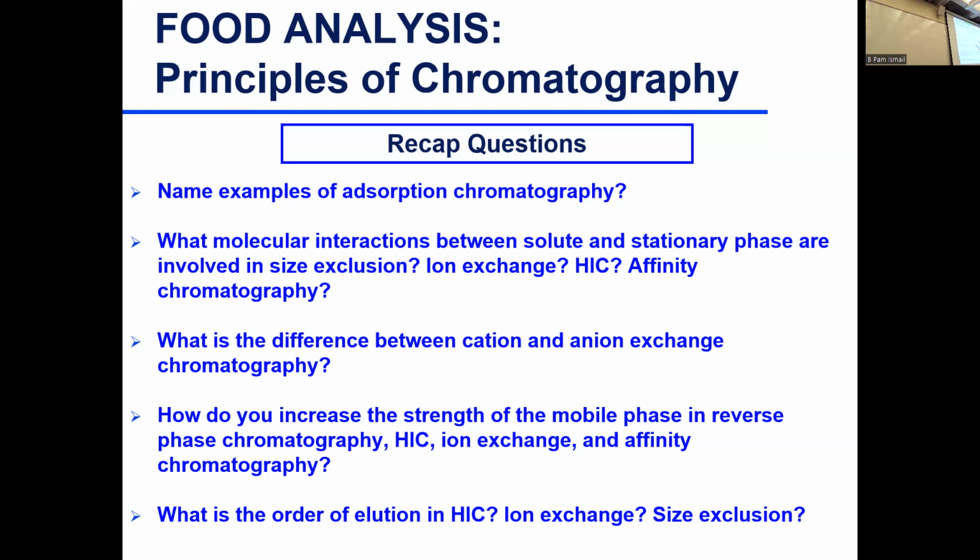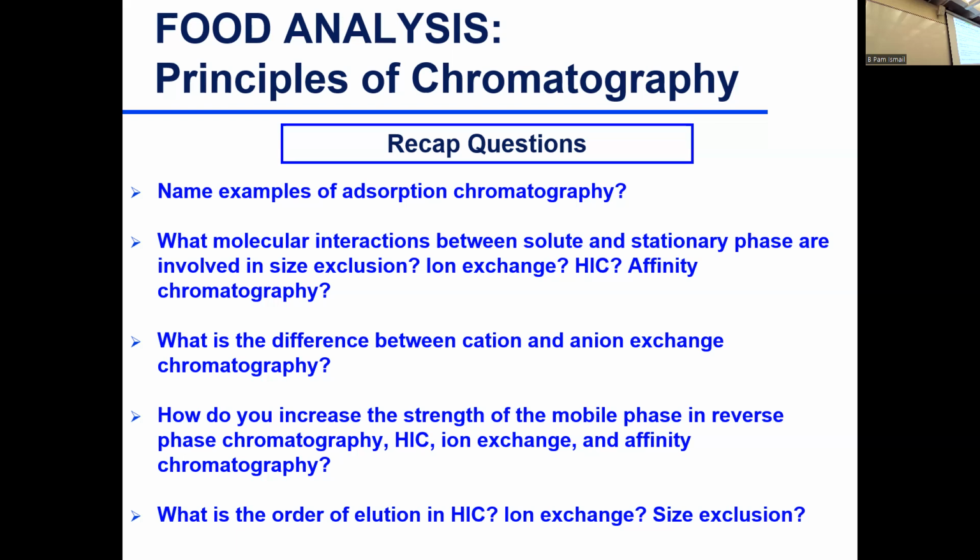In ion exchange, what are the interactions? It's electrostatic, so ionic interactions, where you have positive and negative charges interacting with each other. In hydrophobic interaction chromatography, hydrophobic interactions, yes.